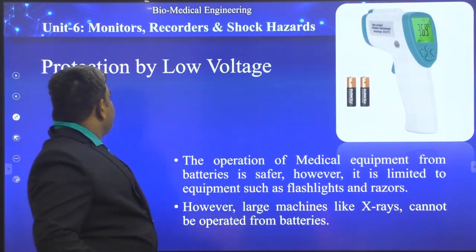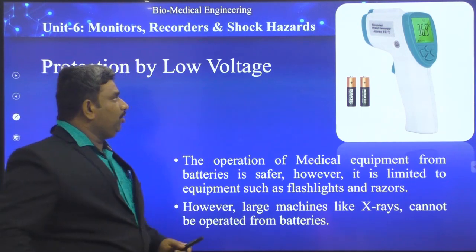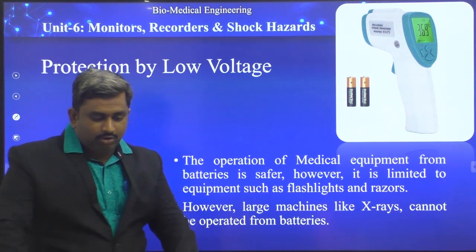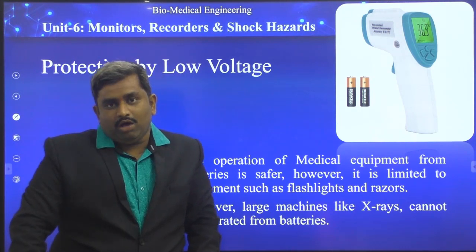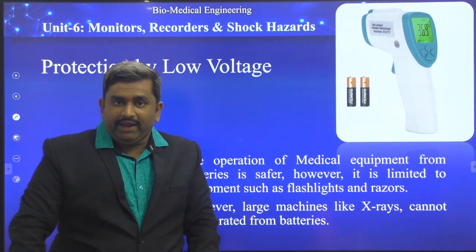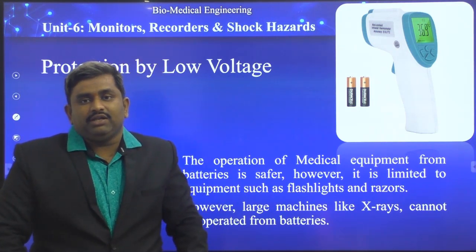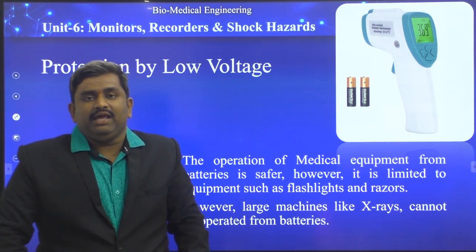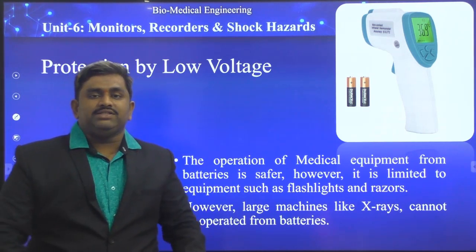Right. Now coming to the third one, protection by low voltage. In some situations low voltages may be caused by heavy electron collisions flowing in the electrical wires. At that time unwanted temperatures will be generated in the wires, and the heat between the wires becomes high.